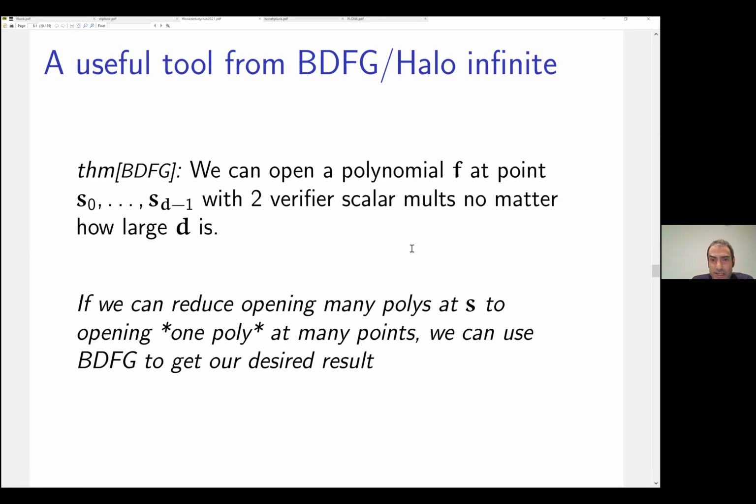So naturally, this suggests the following route. If we can reduce opening many polynomials at some point S, which is our goal, to opening one polynomial at many points, then we can use this BDFG theorem to get our desired result, which again is being able to open many polynomials without the verifier group operations cost depending on the number of polynomials.